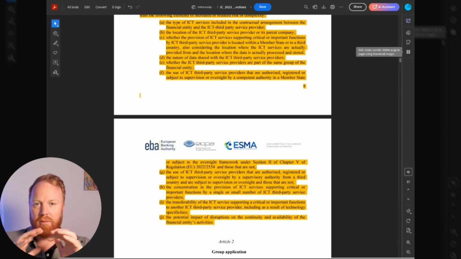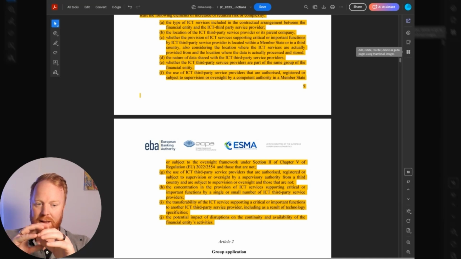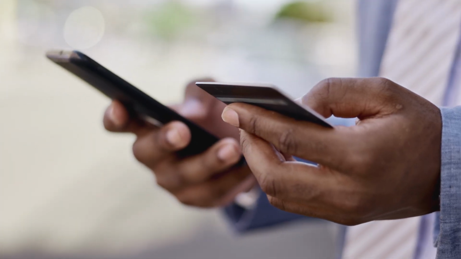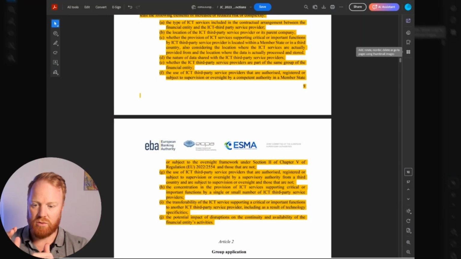When you add your business processes and add risk to them, you identify if each is critical or non-critical, and then whether there is a potential impact on disruption. If you are a financial entity that provides credit card transactions, anything that has something to do with that is critical, and if they go down, there's an impact immediately.